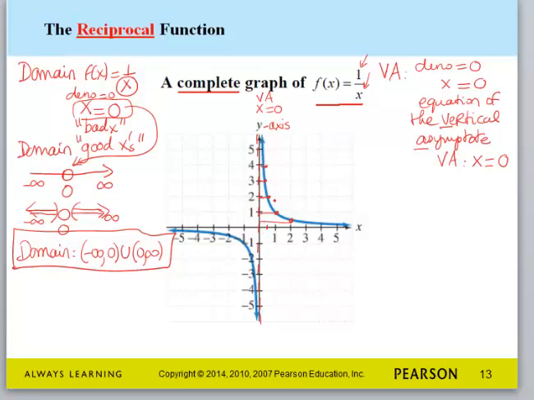But is the graph of the function f of x is 1 over x, is it ever touching or crossing the vertical asymptote? No, it's never doing that, because if you ever had a point where your blue graph was touching this y-axis, then the point of contact would have to have, let me show you what I mean. If you have x equal to 0 over here is a vertical asymptote, and that's really your y-axis.